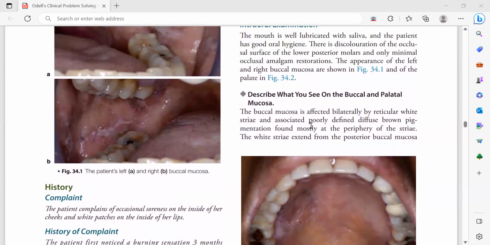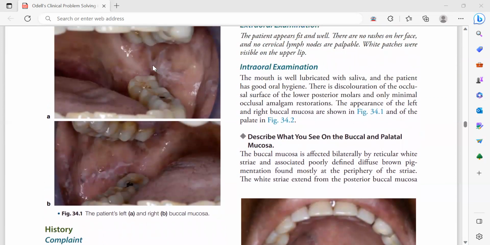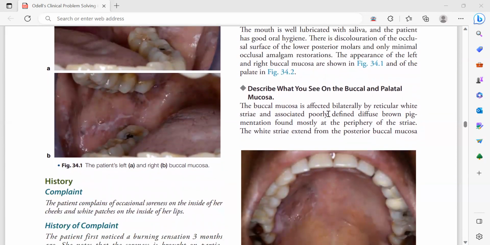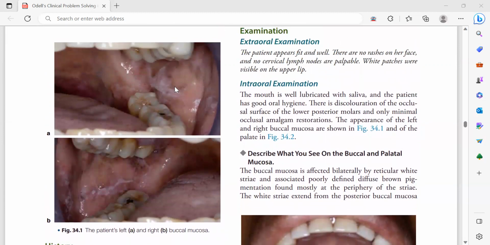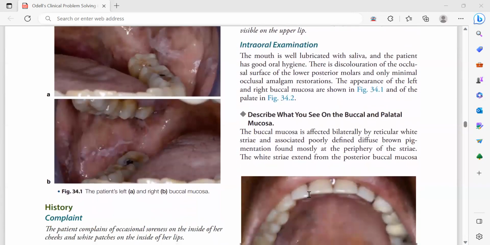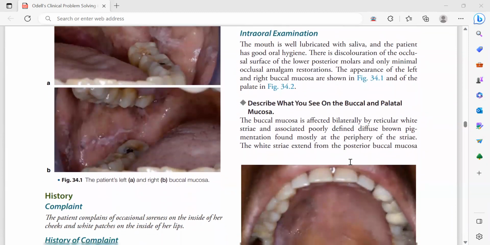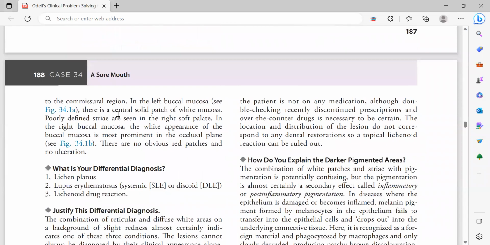The buccal mucosa is affected bilaterally; we can see both left and right sides are affected. There is associated poorly defined diffuse brown pigmentation found mostly at the periphery of the striation, so there is some brown discoloration as well. The white striae extend from the posterior buccal mucosa to the commissural area.